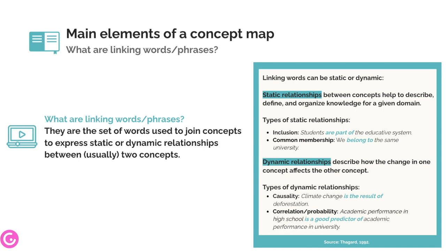There are many types of static relationships, such as relationships of inclusion or common membership. A dynamic relationship describes how the change in one concept affects the other concept. Two types of dynamic relationships are possible: those based on causality and those based on correlation or probability.